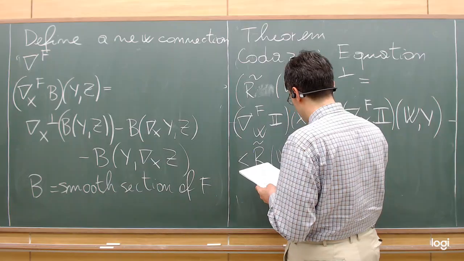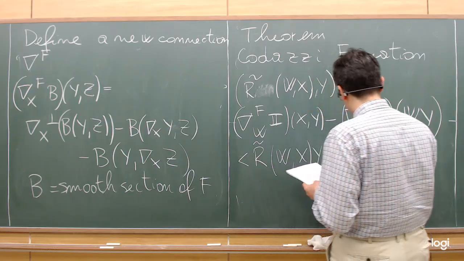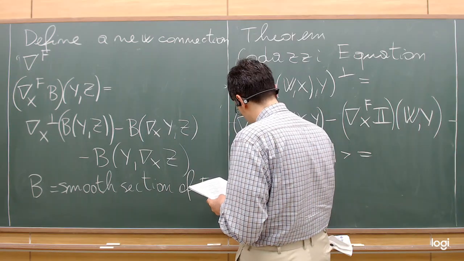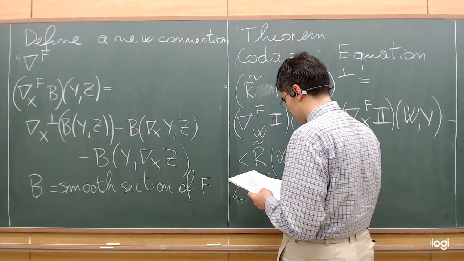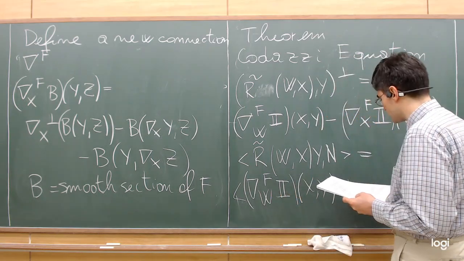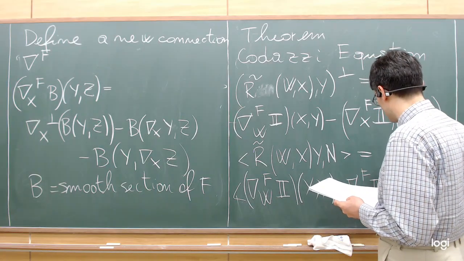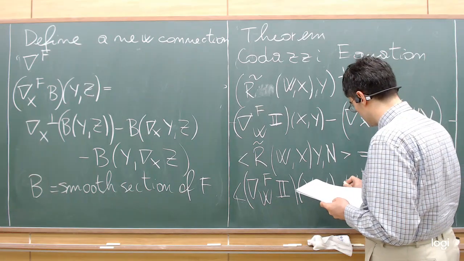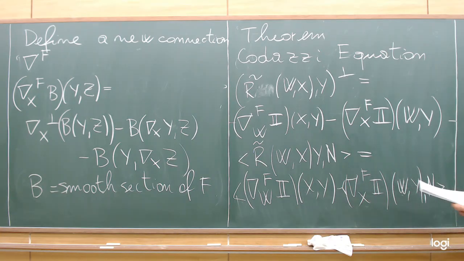So we have R tilde W x y n, this must be equal to nabla F W second fundamental form of x, y, minus nabla F x second fundamental form of W, y, multiplied by n.